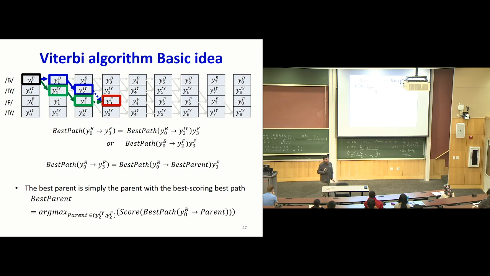Now there's an implicit assumption over here that extending this path, the score of this node doesn't change based on which path you take to arrive over there, but that's true in this case.